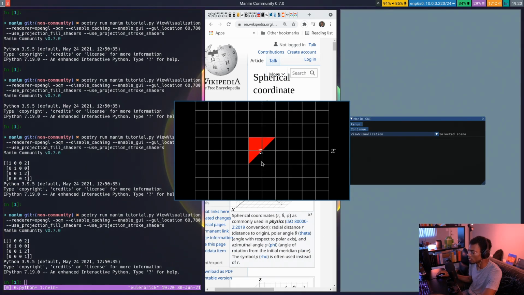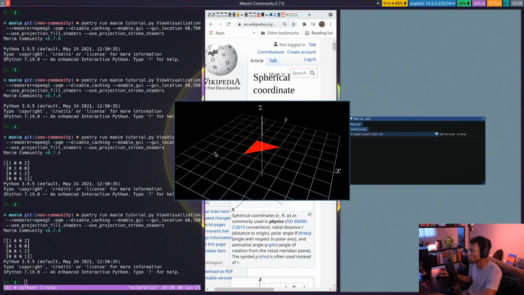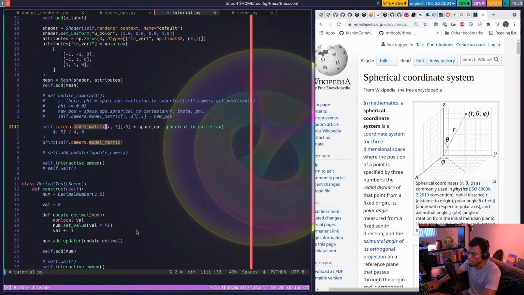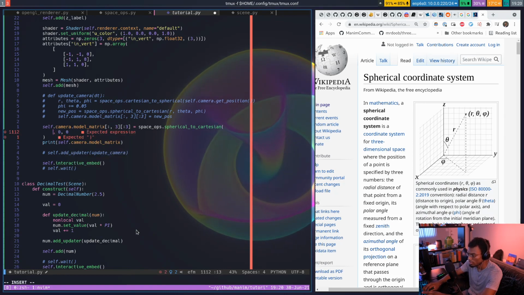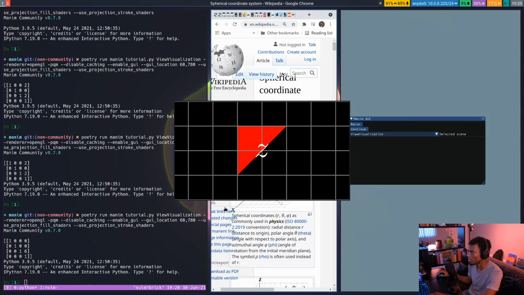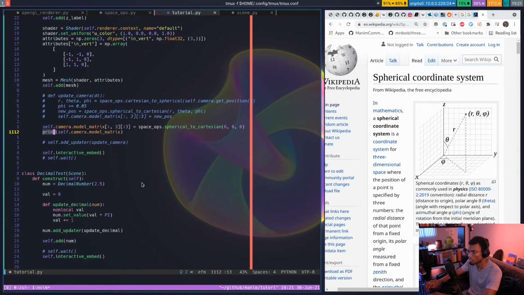But now all the rotation logic was screwed up. Man, I wish the rotation logic was more polished. That would have been so nice. But let me try to put this at like 6, 0, 0. This should be about the same place that it was, which I think it is. I actually don't know where it is by default. Wait.